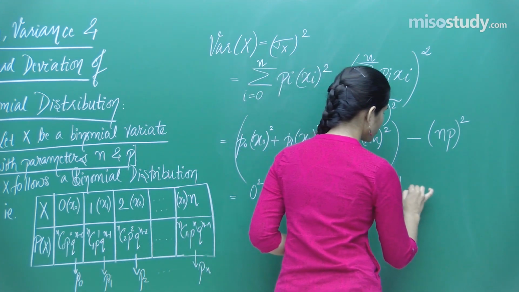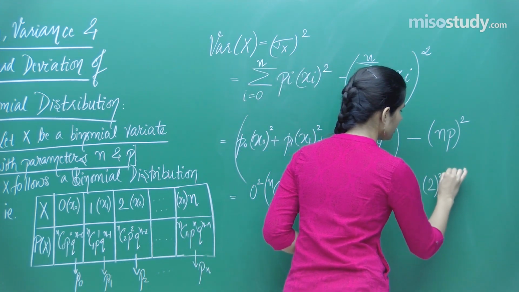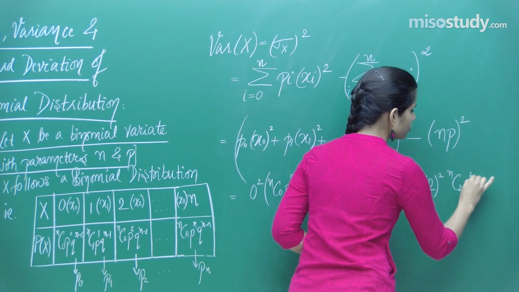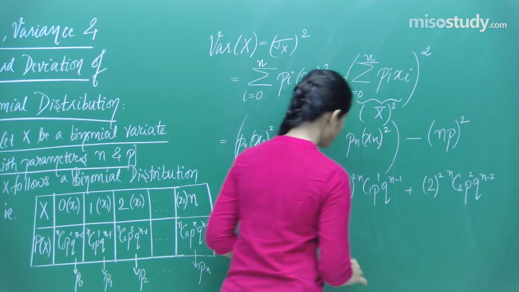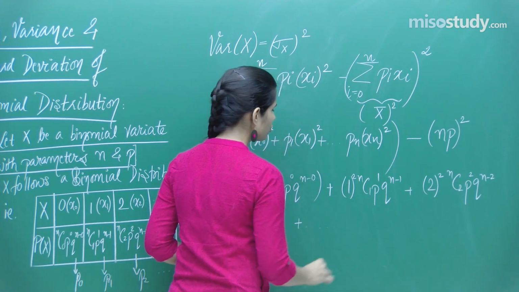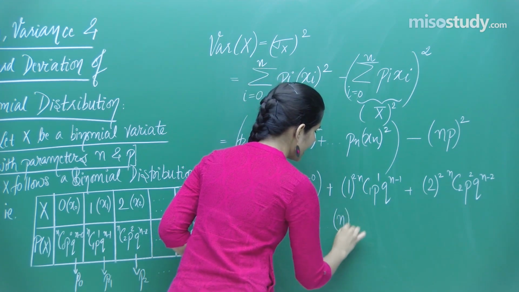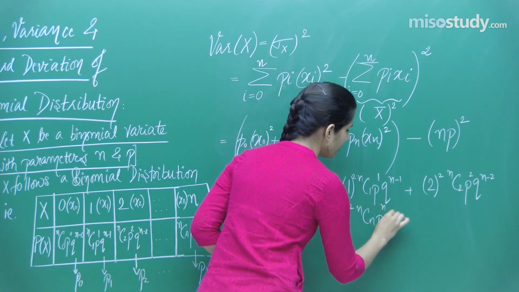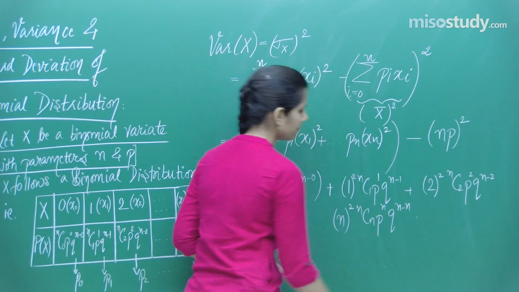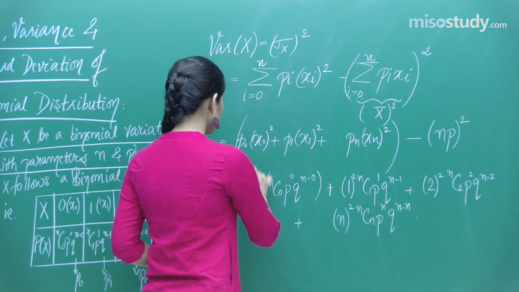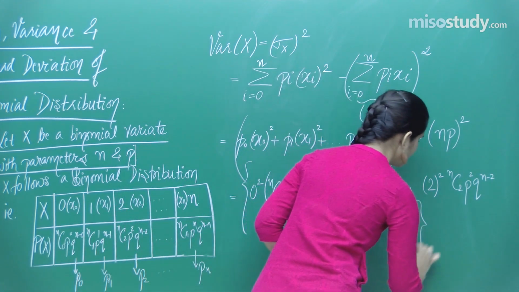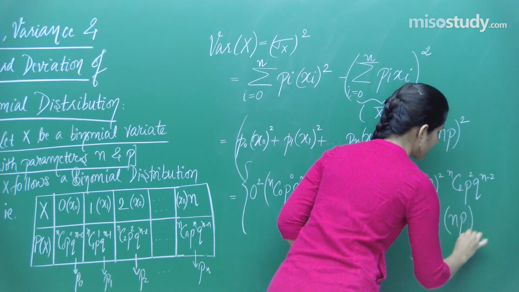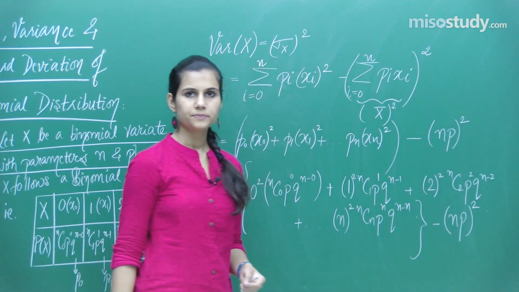Then x2 whole square, x2 is 2, nc2, p to the power 2, q to the power n minus 2, plus and so on. xn is n square, pn is ncn, p to the power n, q to the power n minus n. This is what you have, minus np whole square.